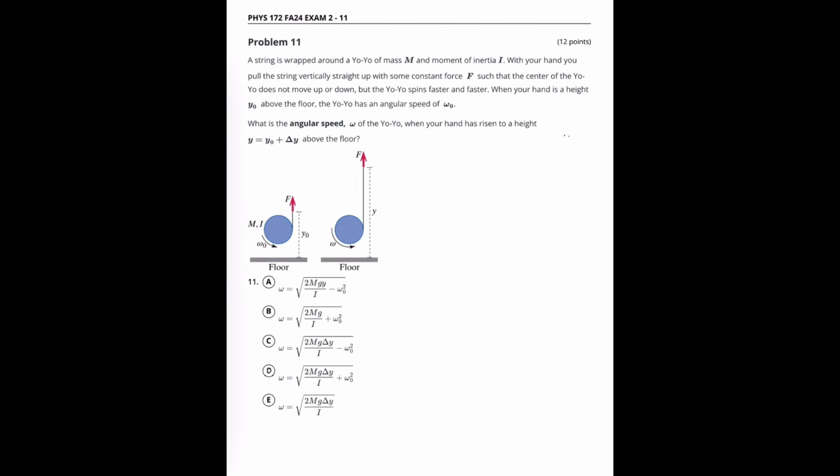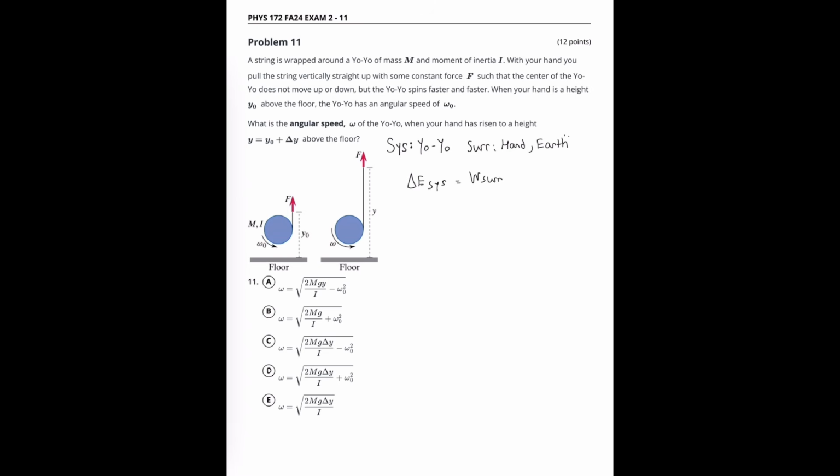So the first thing I'm going to do is write out our system and surroundings. Our system is our yo-yo, and our surroundings are our hand exerting a constant force upward and the earth exerting gravity. Now that we have that, we can say the change of energy of the system is equal to the work by the surroundings.